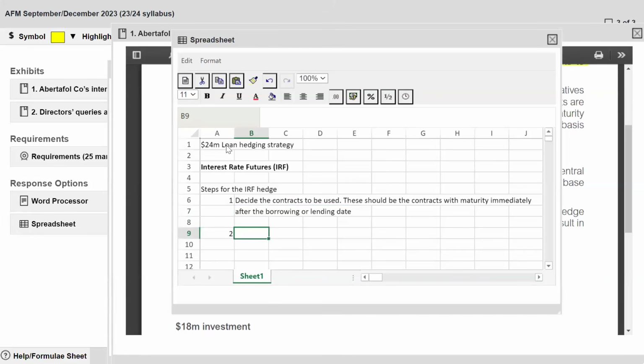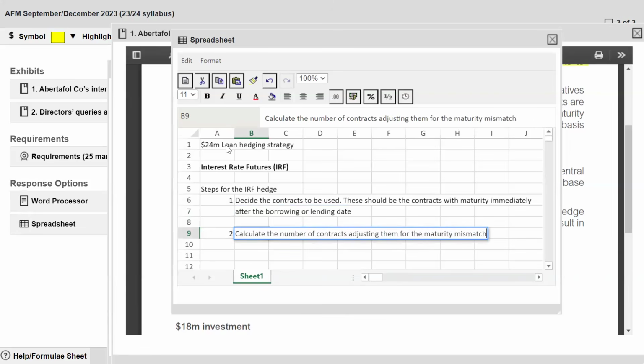The second thing is to calculate the number of contracts, adjusting them for the maturity mismatch.